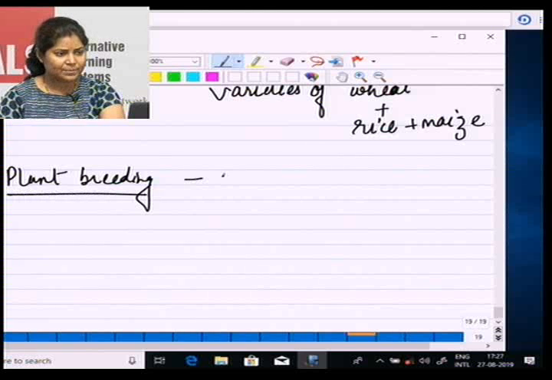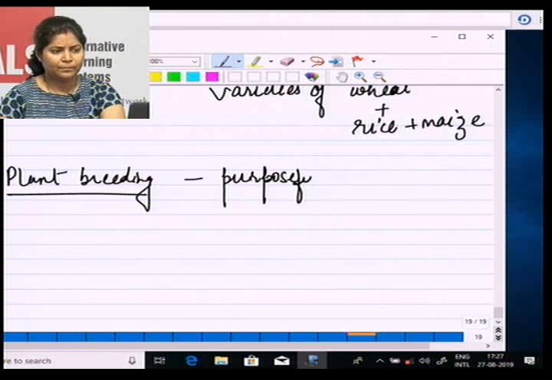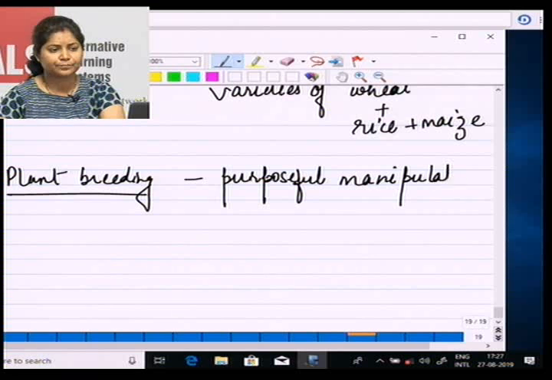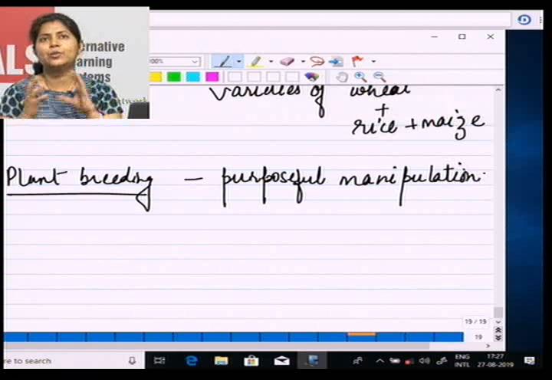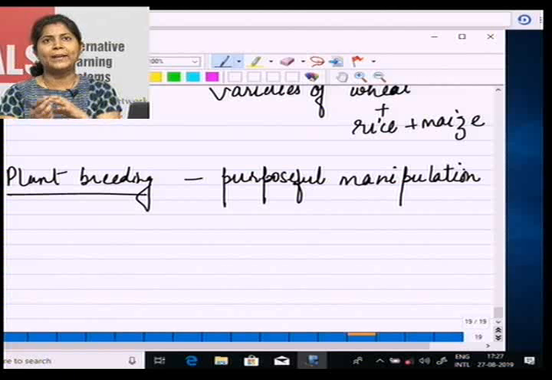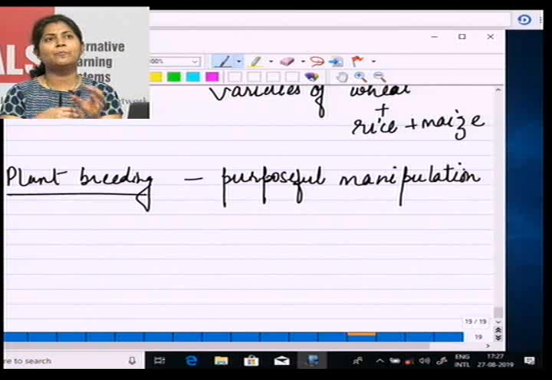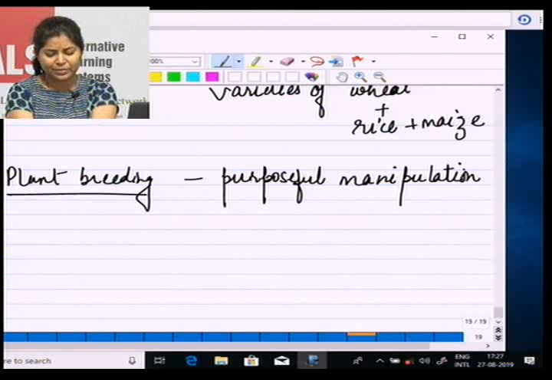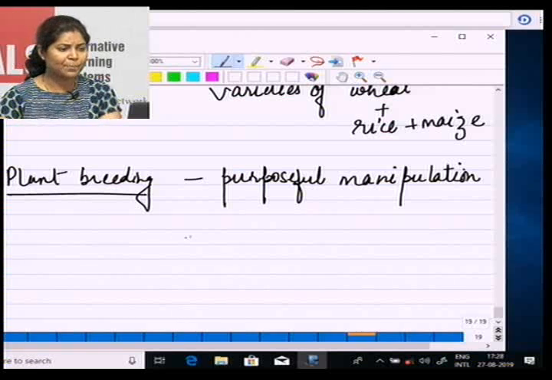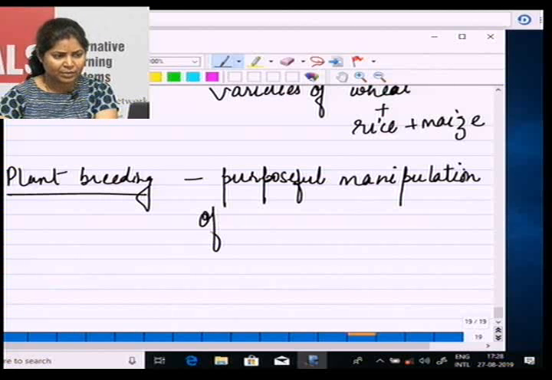Now when we talk about plant breeding, we talk about many more things also. This is basically purposeful manipulation. What you are trying to do is mix things. Manipulation is trying to mix, take out, put in, doing various kinds of permutation combinations to get your desired results. So you are purposefully manipulating the plant species.